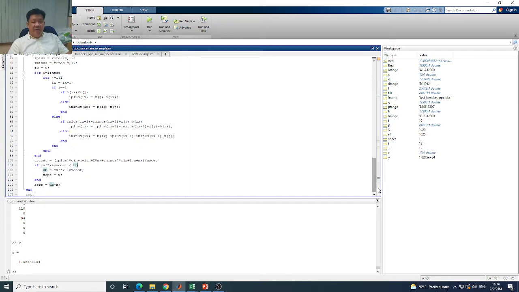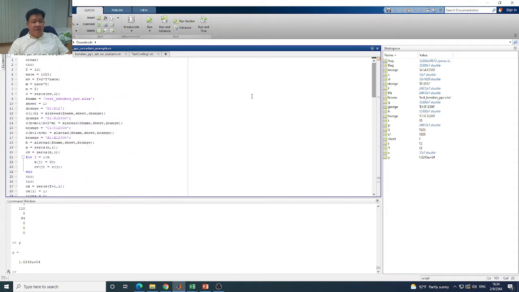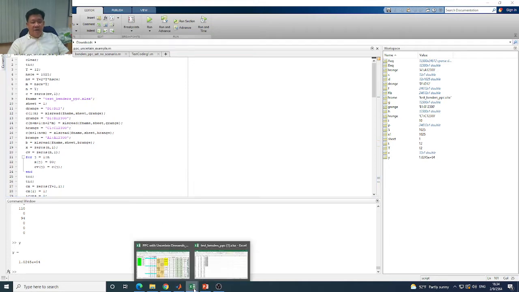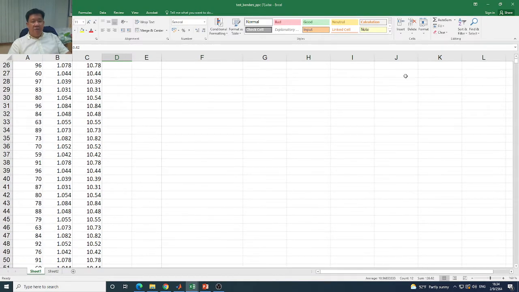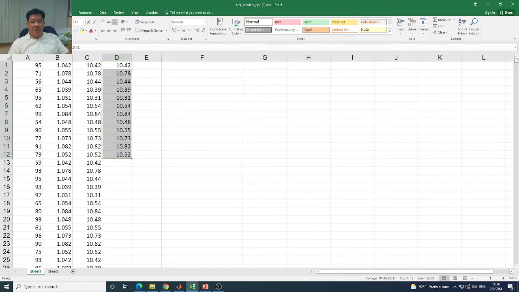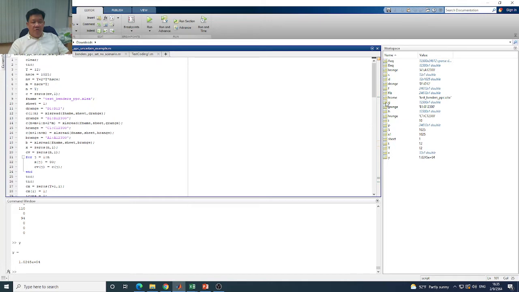This program reads the input file. It's the same problem as we did in Excel, but we import the data from the Excel file into the program, and the program solves it.